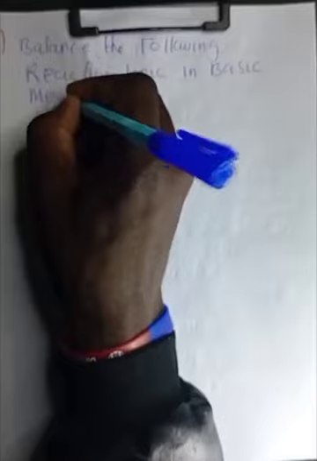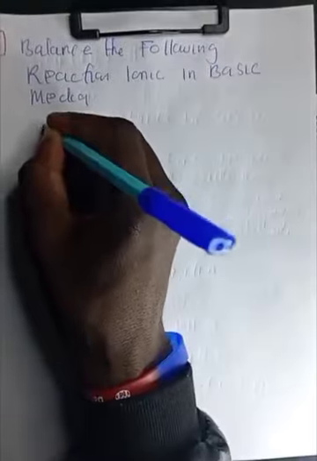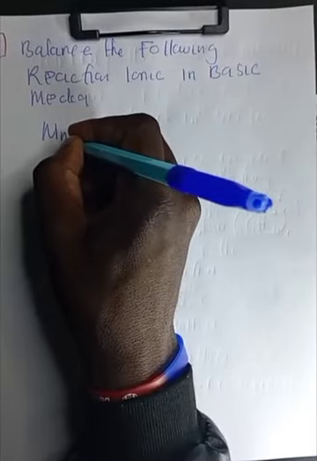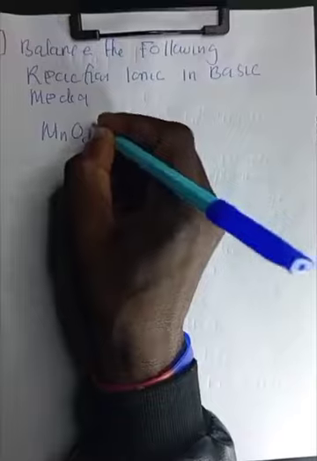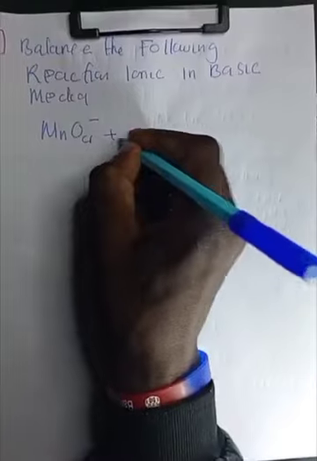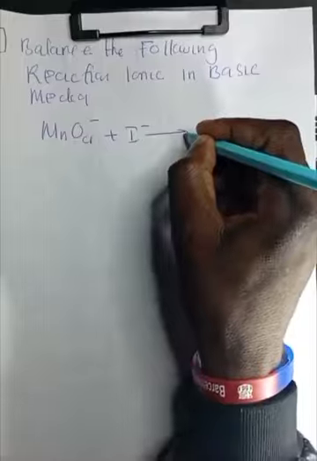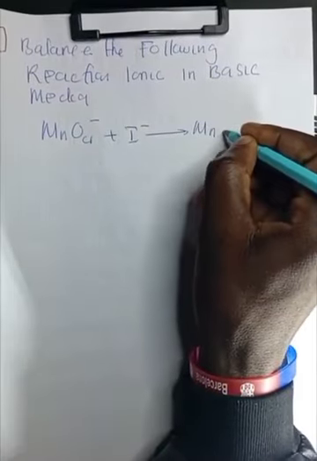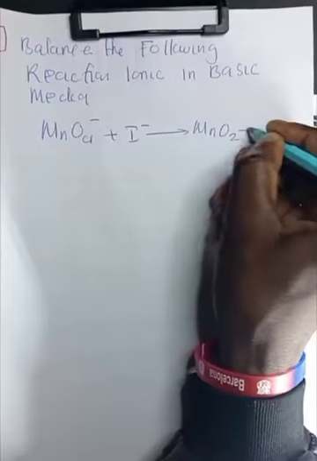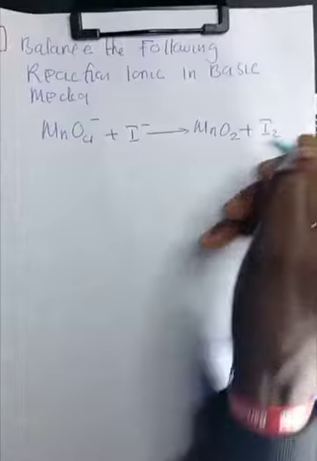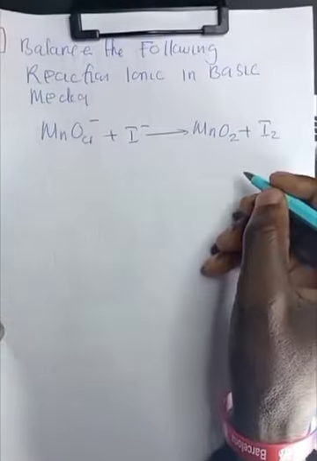Okay, basic media. So the reaction was MnO4 minus plus I minus, giving MnO2 plus I2. So that was 8 marks.